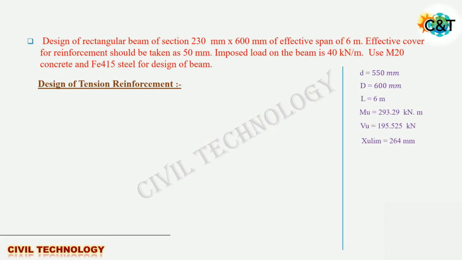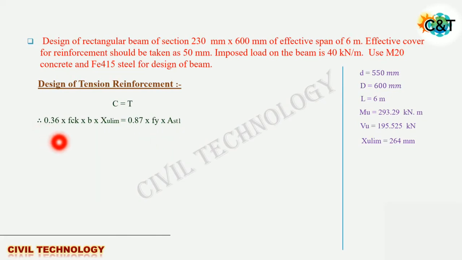So how do we calculate it? If you read IS 456 carefully, you can understand. For that we have to equate the compression force to the tension force. Whatever compression force comes out and whatever tension force comes out, we just have to equate both and we can get the Ast1 value. So here is the formula: 0.36 times fck multiplied by b into Xu limit, that is our compression force which acts on the beam, and the tension force is 0.87 times fy into Ast1.